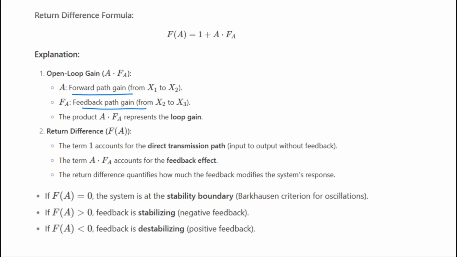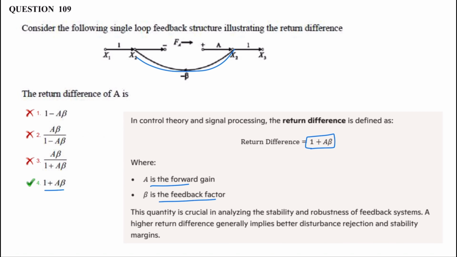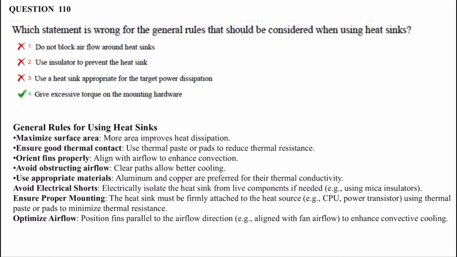So this product A into F of A represents loop gain. If this return difference is equal to 0, the system is at stability boundary. If the return difference is greater than 0, negative feedback. If it is less than 0, positive feedback, destabilizing. Correct answer option 4.